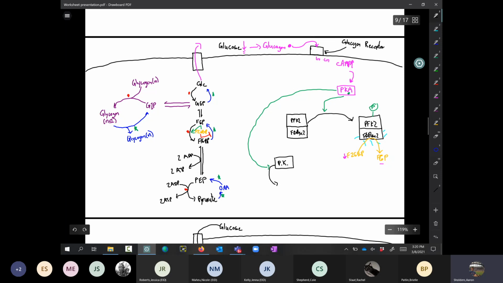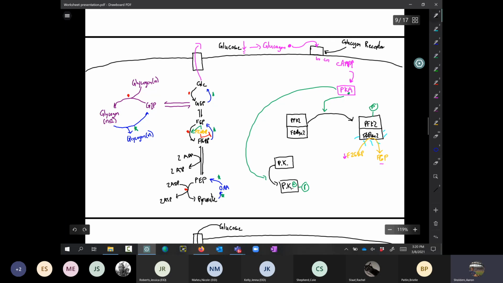My green arrow is not quite right. Let me draw that again. It's going to PKA because it's a kinase, phosphorylase kinase. And when it puts that phosphate group on it, it activates it. Now, what is that going to do?